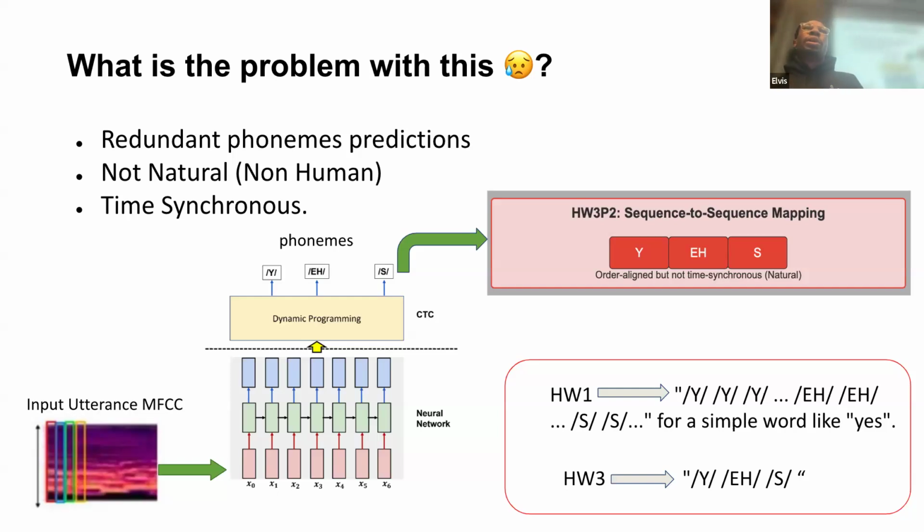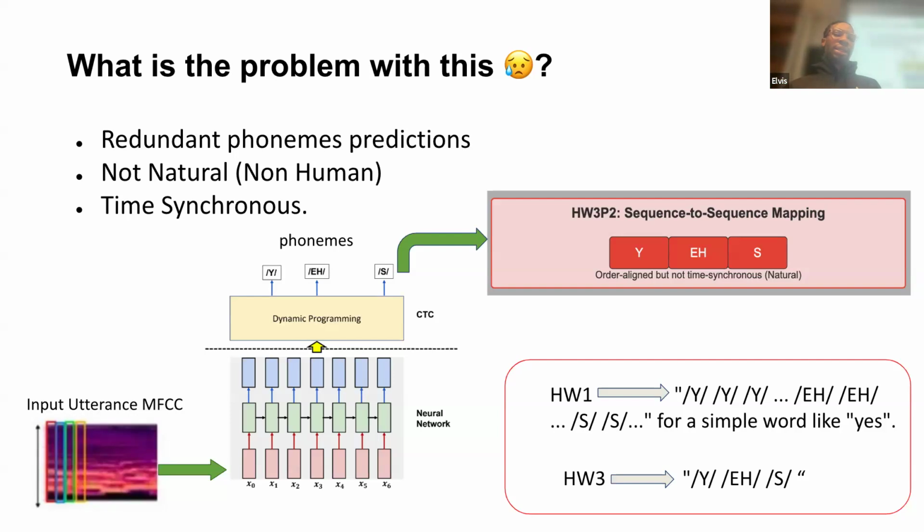When you are given an MFCC or a sound signal, say "yes," the moment I stretch out my voice and slow down, your predictions, if you apply what you did in homework one, will have a lot of repetition of Y's and S's and E's. Firstly, it's redundant, and it's not natural. That's not how humans transcribe when they hear an audio signal.